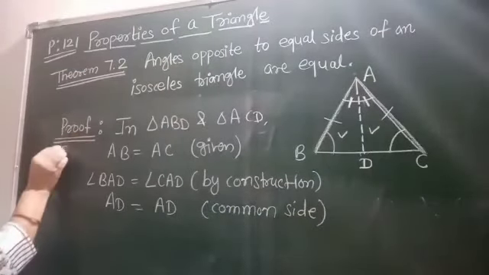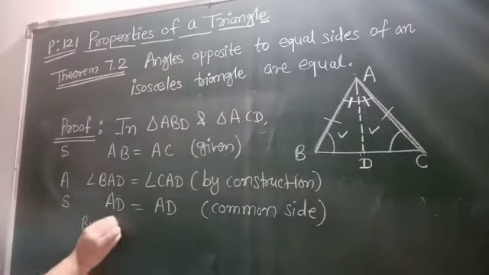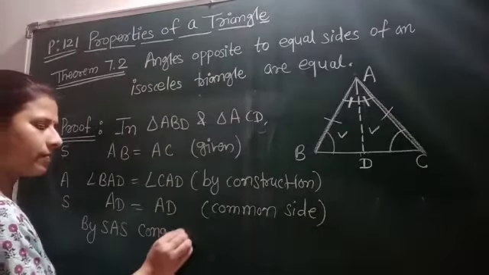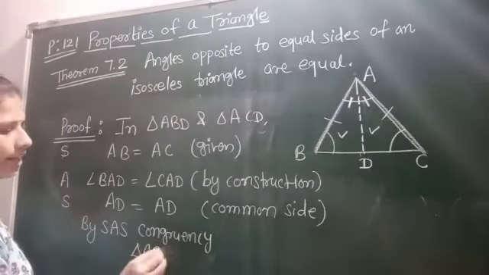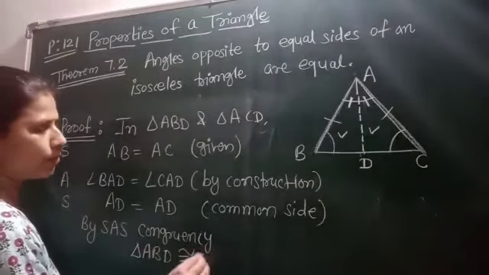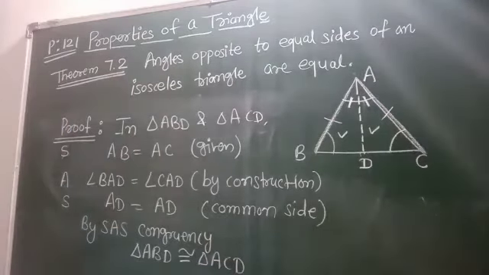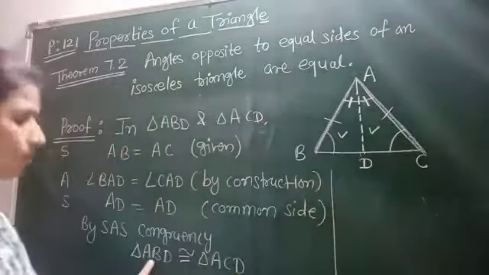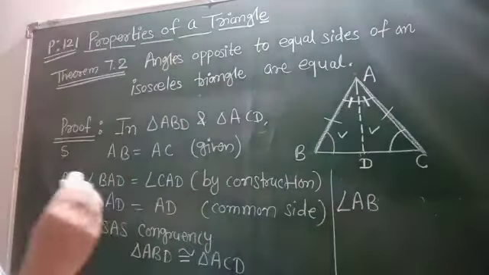Which criteria will we use here, students? Yes, SAS. So by SAS congruency, triangle ABD is congruent to triangle ACD. And as we know, when two triangles are congruent, their corresponding parts are equal. So which part are we taking here?